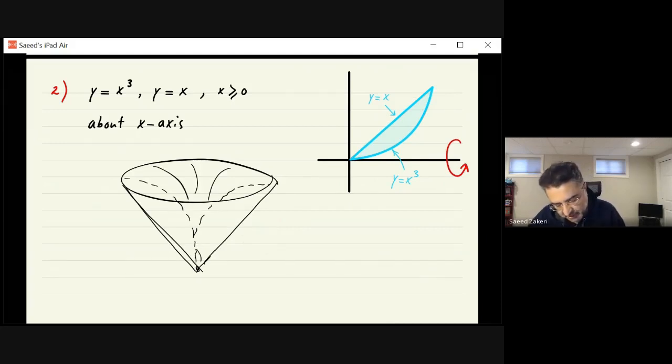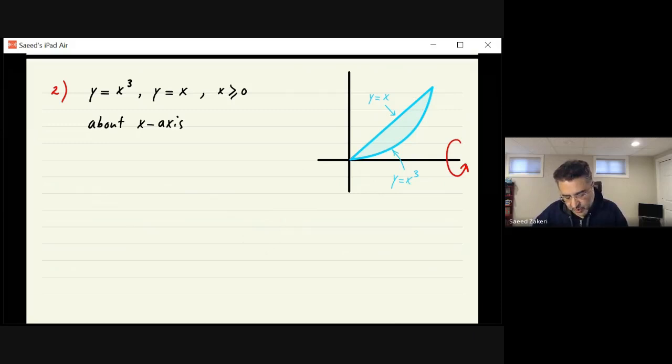You can imagine. But again, you do not need to be able to draw this in order to compute its volume, because once you realize that you have a region, that's the important thing. Once you realize that you have a region bounded above by some graph, bounded below by another graph, between two values a and b, and you're rotating it around the x-axis, you know what to do.